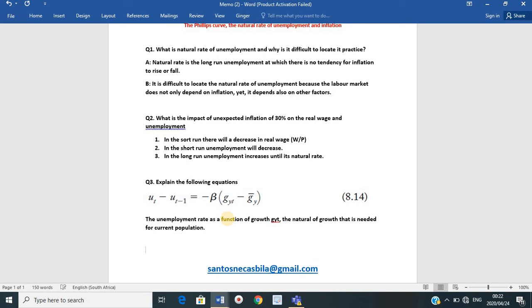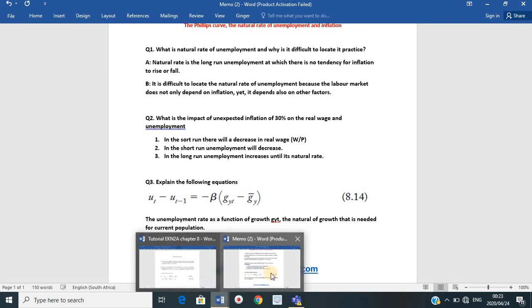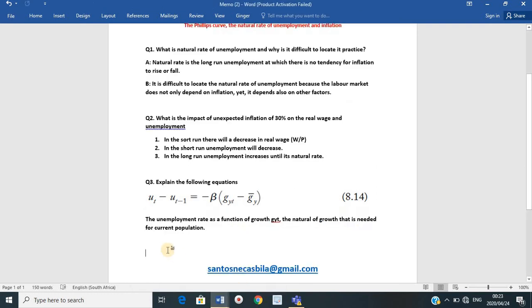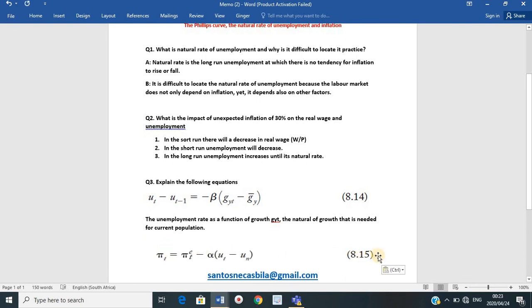Very good. So the other one is based on inflation. I'll also copy it and paste. All right, and here we will have basically the inflation as a function of the expected inflation and the gap, or let me put it this way, the unemployment gap.